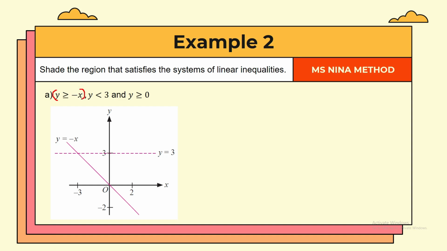Y higher than or equal to negative x. This solid line is the first linear inequality. It says it must be higher than or equal, so it will be at the above region, so it will be here.